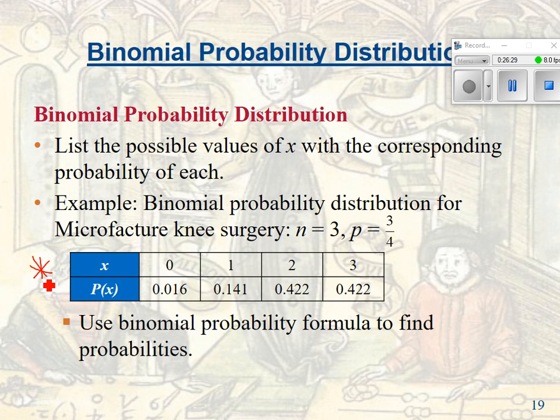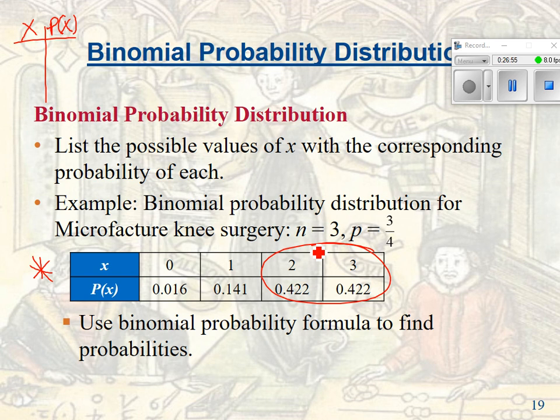If we listed it all out this way, again, these charts, I'm going to make mine up and down more times than not. This book switches back and forth. Sometimes it makes them up and down, sometimes sideways. If we wanted the probability that the doctor has 2 or 3 successes, then we could just add those two.